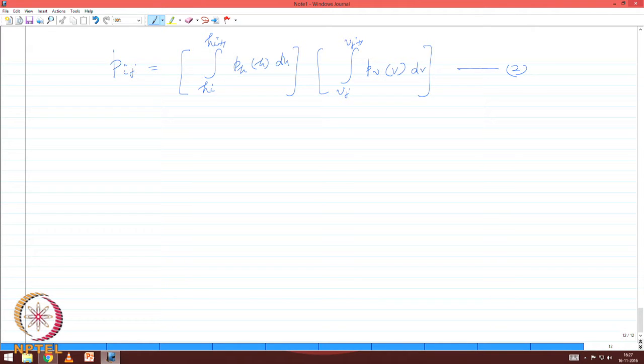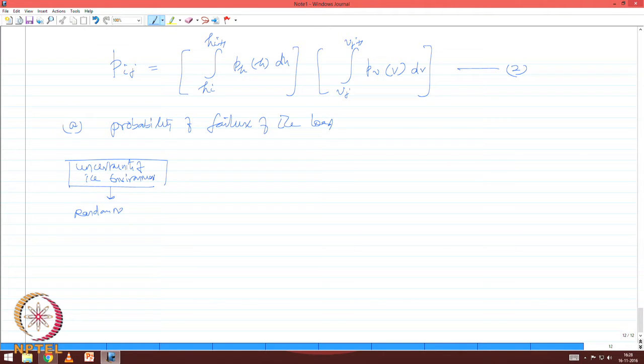Let us try to understand a flow chart which is used to assess the probability of failure of ice load. So, you first try to find uncertainties of the ice environment, which may lead to randomness parameters of ice loads.